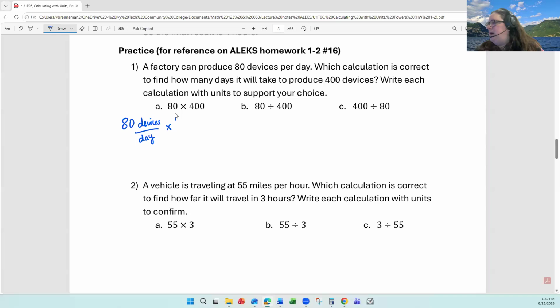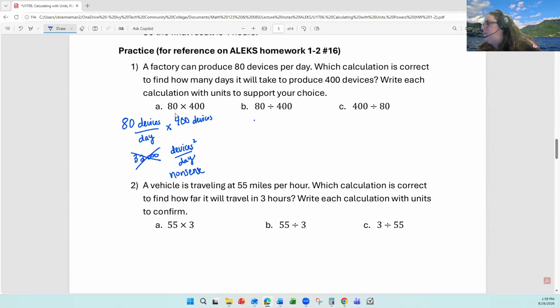And if we multiply that by 400 devices, we would get 32,000 square devices per day. The unit is nonsense, so the number is not useful.